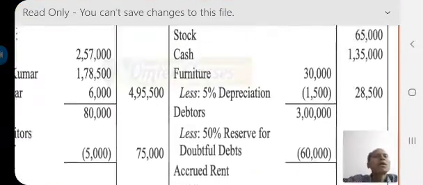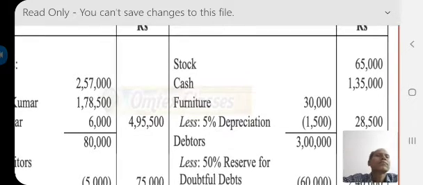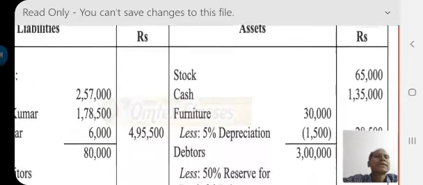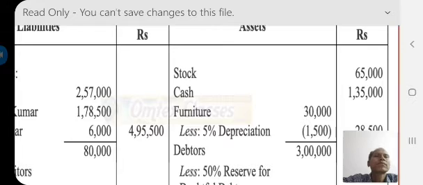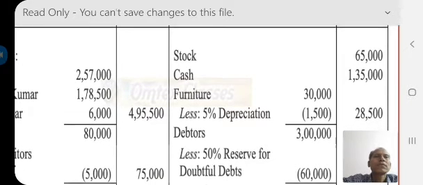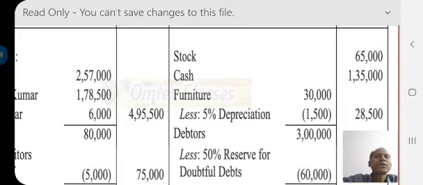Now we shall see the assets side. Stock 65,000. In the old balance sheet it was only 60, but in this 65,000 because 5,000 is appreciated.